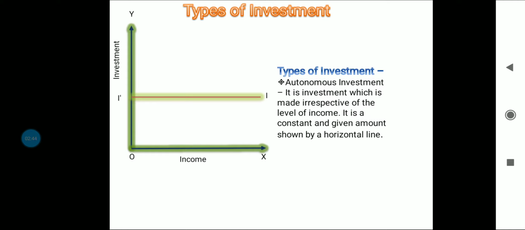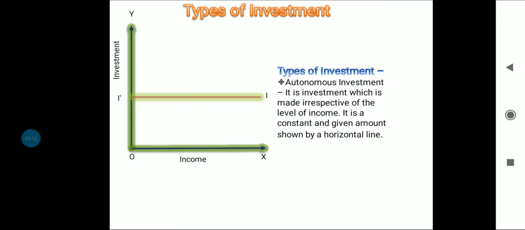Since firms plan to invest the same amount regardless of the level of income or output, the investment function schedule curve will be a horizontal line, as you see in the diagram. On the x-axis, we measure the various levels of income, and on the y-axis, we measure the level of investment, which is fixed at I bar.